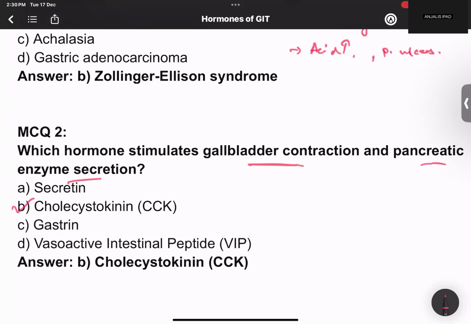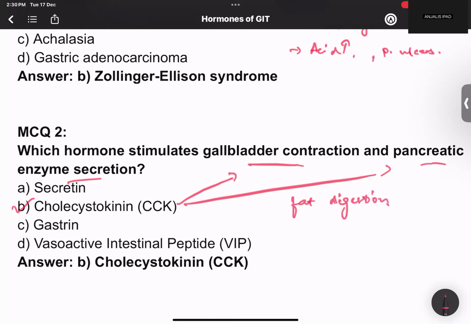Cholecystokinin stimulates gallbladder contraction and pancreatic enzyme secretion. CCK is the one which does this. This is its classical role in fat digestion.